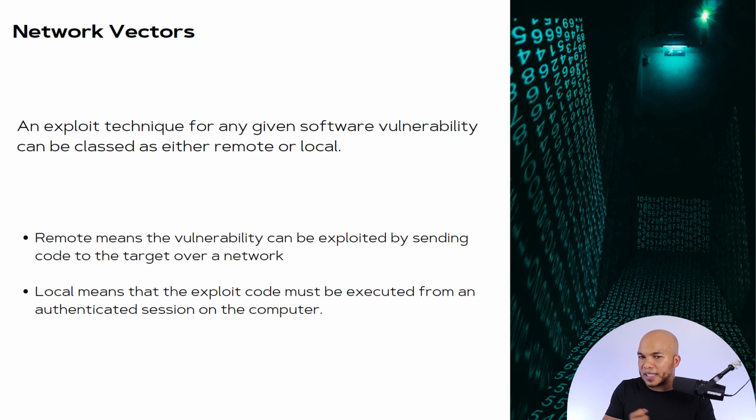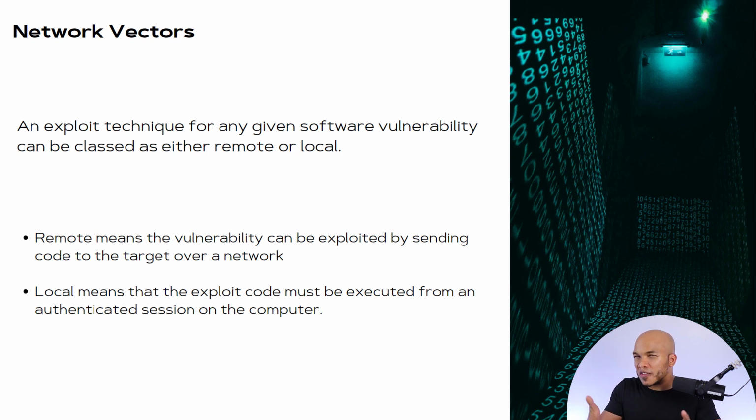Now let's move on to the network vector. So an exploit technique for any given software vulnerability can be classed as either remote or local. Now remote simply means that the vulnerability can be exploited by sending code to the target over a network. Local, on the other hand, would mean that the exploit code must be executed from an authenticated session on the computer.